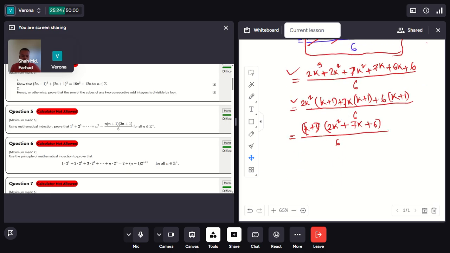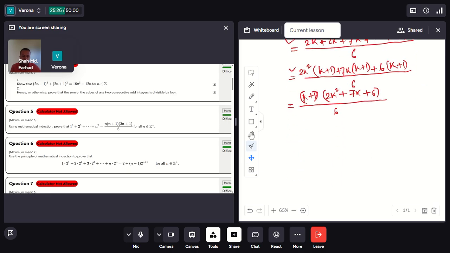So here now we have a quadratic term. So quadratic, you have to factorize this one again. That means k plus 1 will remain here. And then we have here 6 times 2, that is 12. So now we have to make it 7, 12.